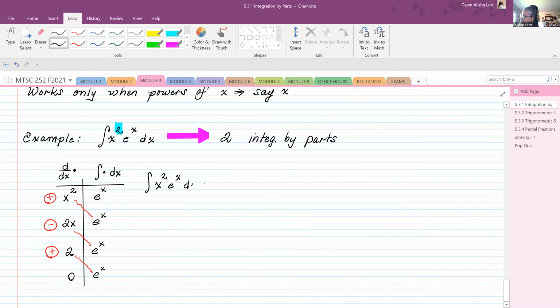The second one is minus 2x e to the x. The third one is plus 2e to the x, and then I'm done, plus c.